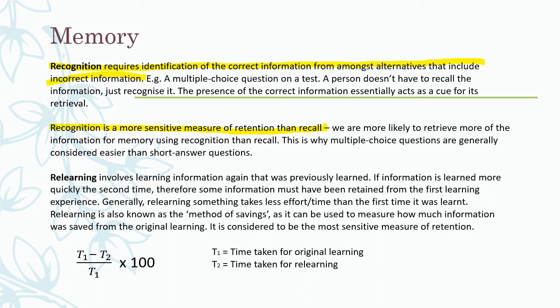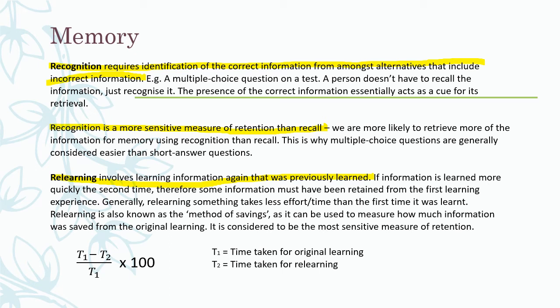Relearning is the last one. And relearning involves learning information again that was previously learned. So let's say, for example, this particular video, we've already gone through all this stuff in class. But if you're watching this again, then this means that you're relearning the information.